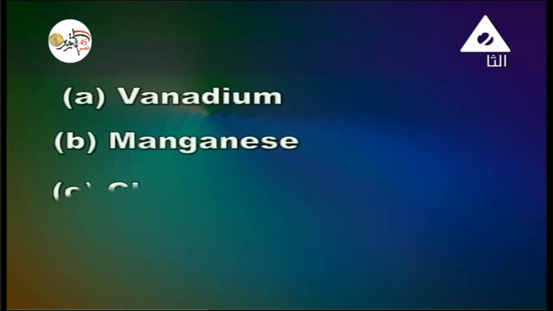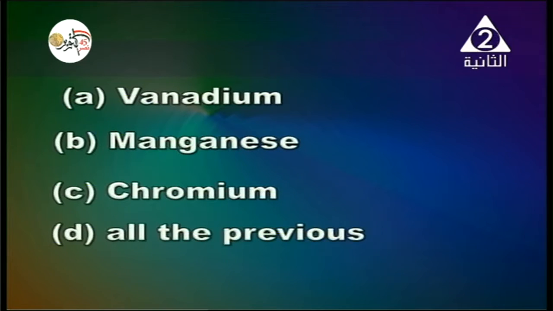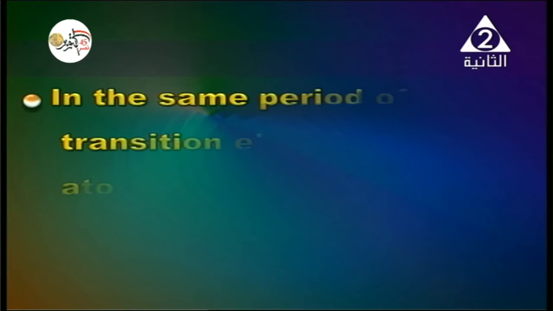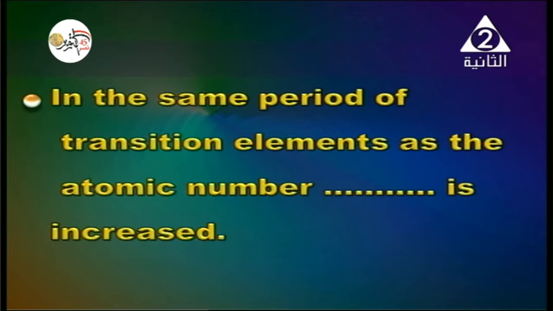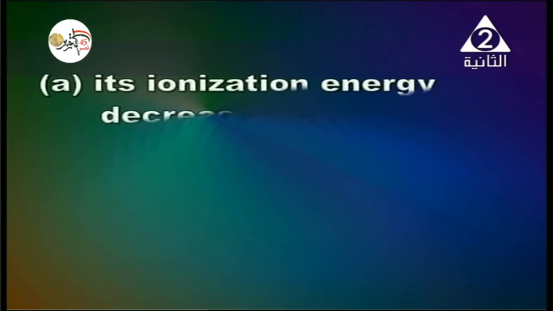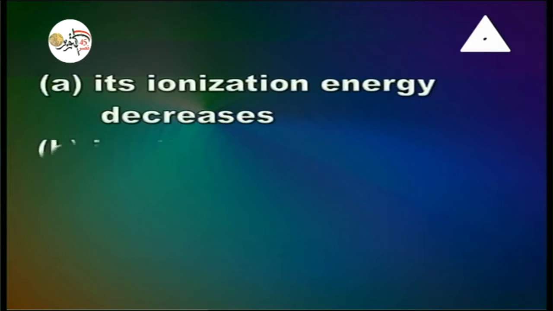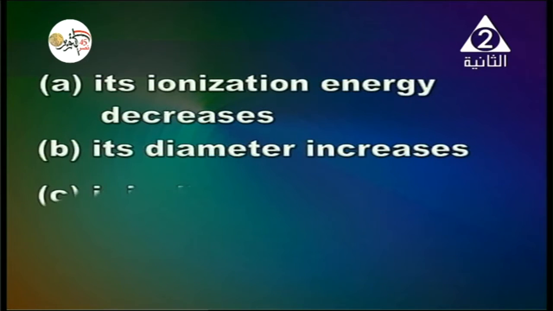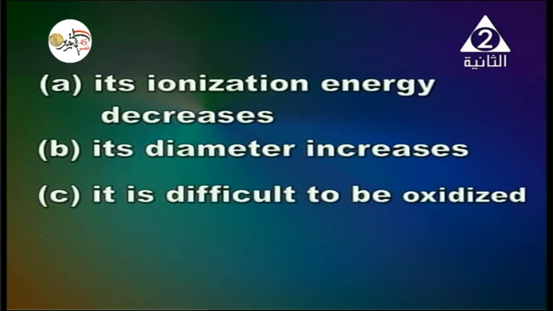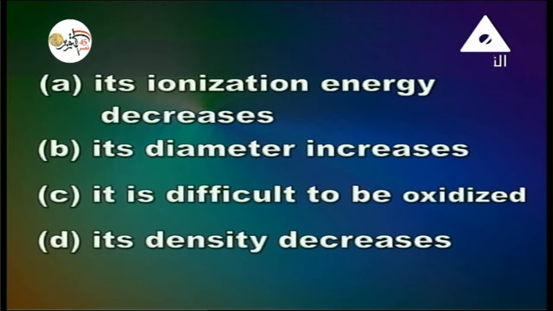Vanadium, manganese, chromium, or all the previous? If you think about it, yes, it will be manganese. Next point. In the same period of transition elements, as the atomic number increases, what happens? Its ionization energy decreases, its diameter increases, it is difficult to be oxidized, its density decreases. If you think about it, yes, it is difficult to be oxidized.